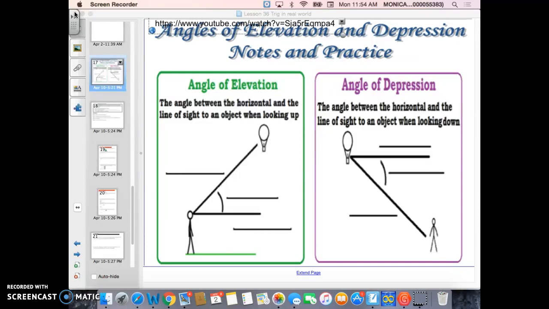And the angle of depression, please note, is when looking down. So it's your line of sight when looking down. So again, remember, it's not this angle right here. That's not the angle. It's the one here. That's your angle of depression.